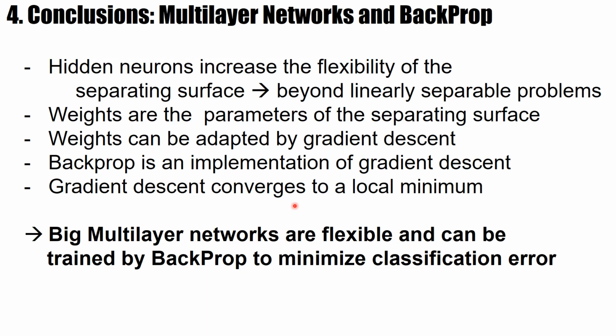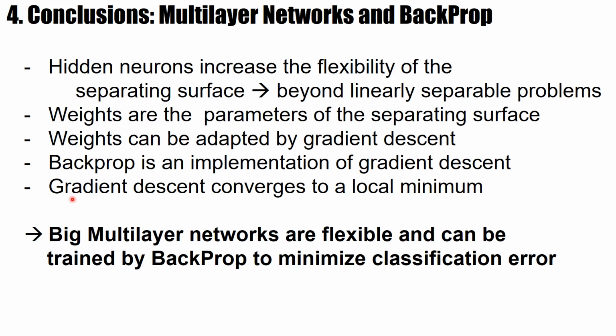Let me summarize the lecture up to here. In the first part, we have seen that hidden neurons increase the flexibility of the separating surface that separates the positive examples from the negative ones. We can go beyond linear separable problems. We have seen the specific example of the XOR problem. Now, what shapes this separating surface are the parameters. The parameters are the weights. These weights can be adapted by gradient descent, and BackProp is the implementation of gradient descent in a multi-layer network.